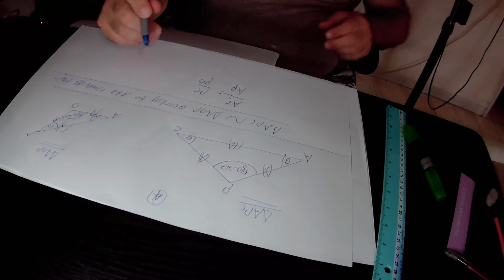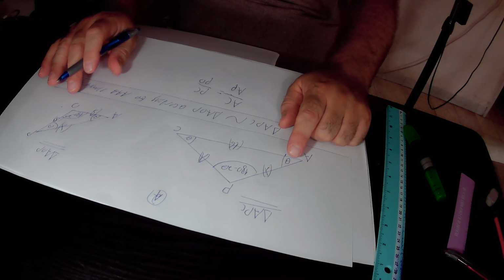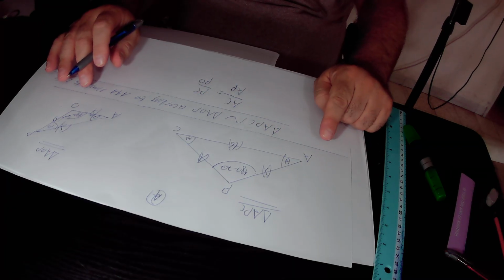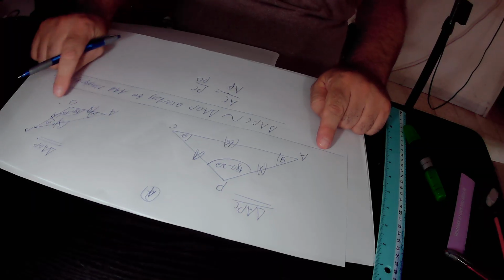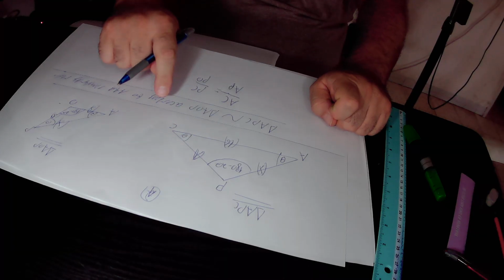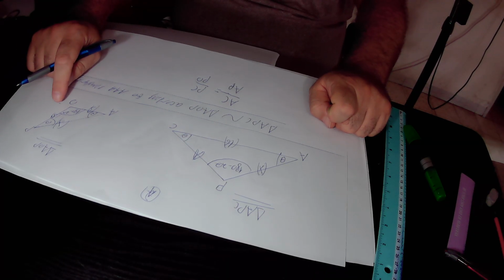So again, from the fact that those two isosceles triangles are similar to each other, we derive that side AC over side AP equals side PC over side PO.